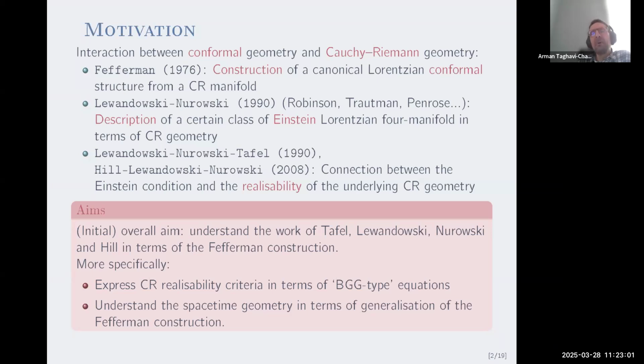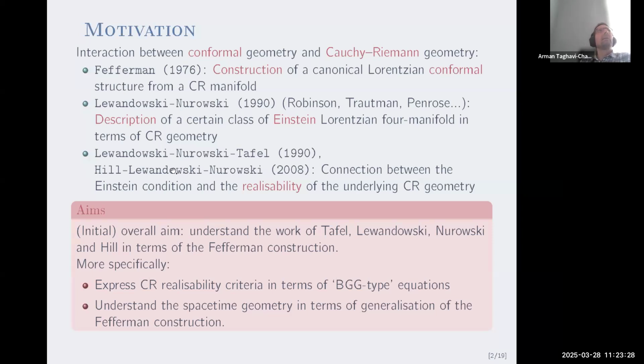By doing so, I got a little bit more than I expected, and I managed to re-express the CR realizability in terms of what I call BGG type equations. They are CR invariant differential equations that are used in parabolic Cartan geometry.